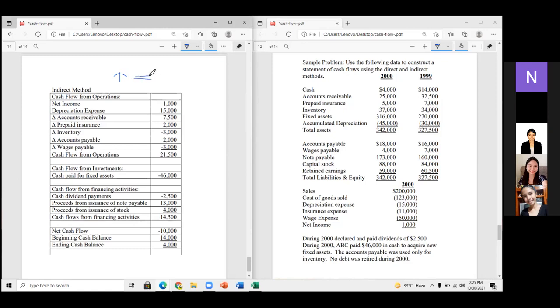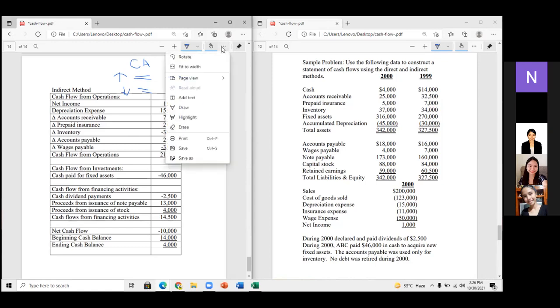So, meaning, kapag nagka-increase daw sa current asset, reduction siya. Yan. Malinaw ba yun? Kaya siya tinawag na indirect relationship.